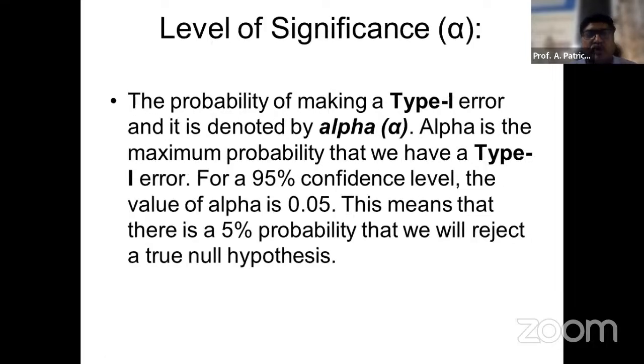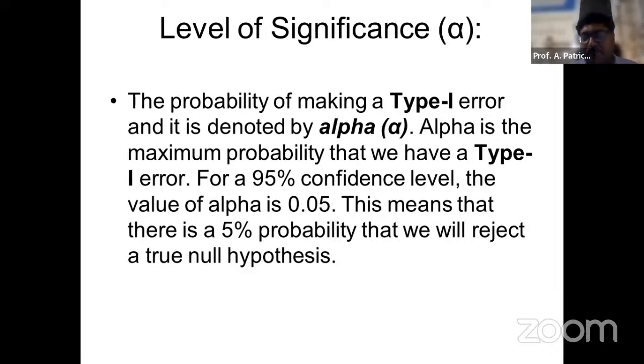Now we talk about type 1 error, which is denoted by alpha. If we take 5%, what I mean by that is 5 divided by 100 is 0.05, which means there is a 5% chance that we will commit a type 1 error, or reject a null hypothesis which is true. So be careful about this alpha.